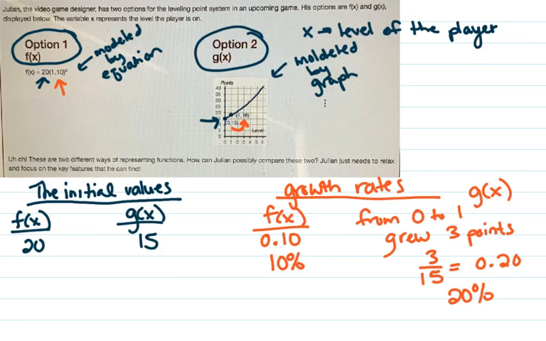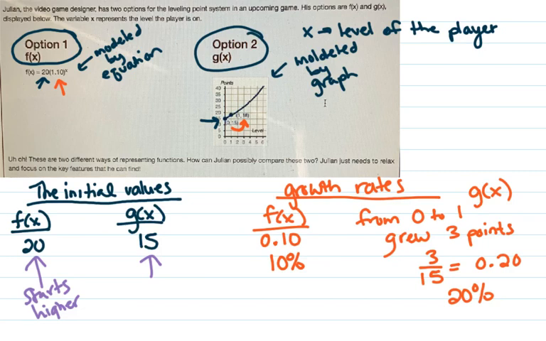So it looks like for option 1, we're starting out higher in points, but then it isn't growing quite as fast.